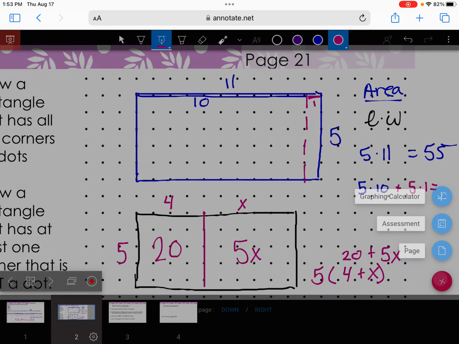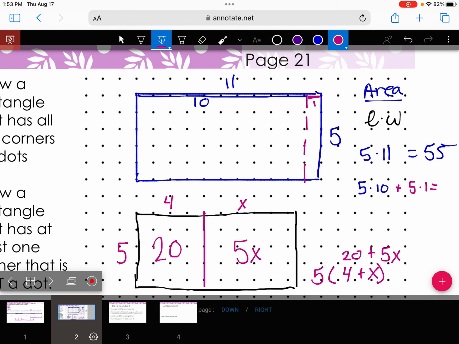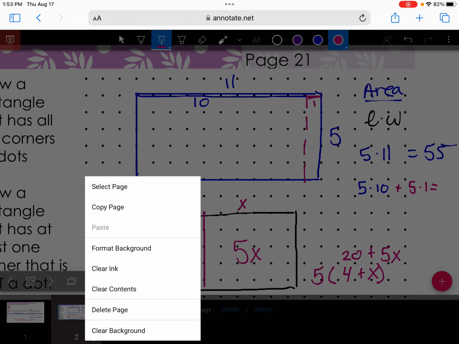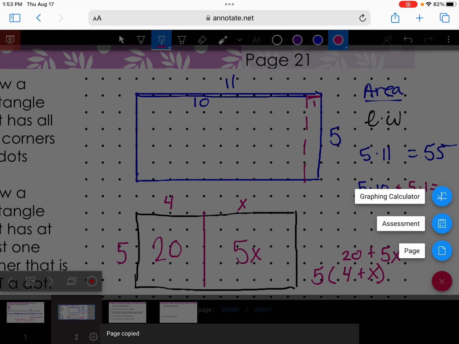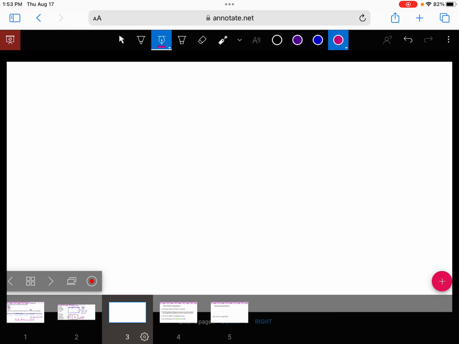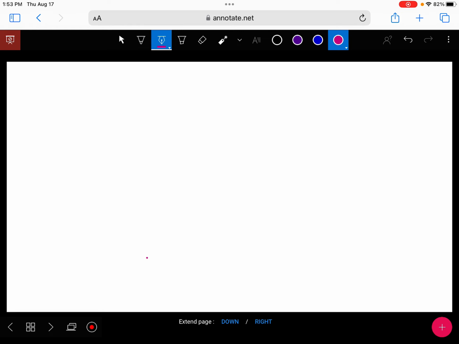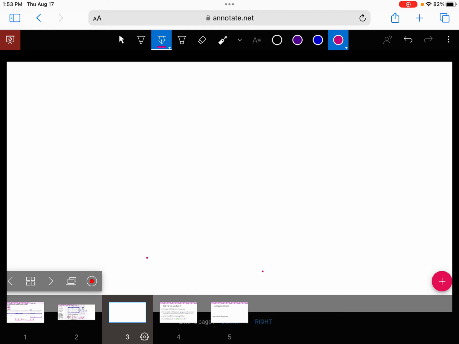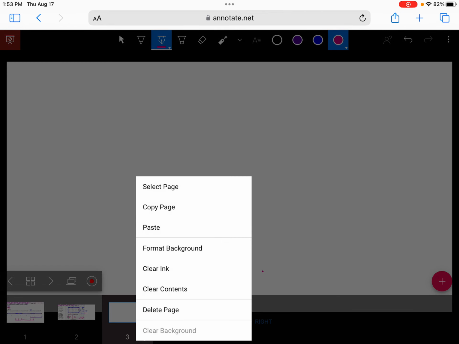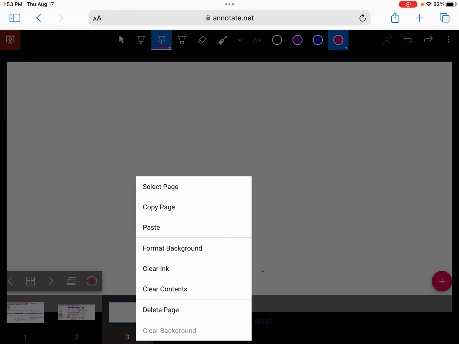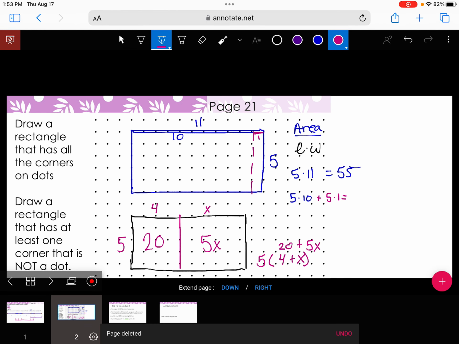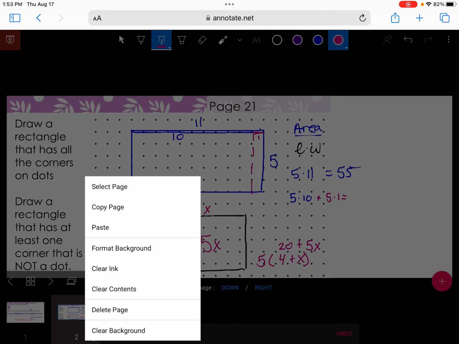So let me copy page. Let's see, can I make it do it? Come on, paste. Okay, not what I wanted, but delete page. Paste.